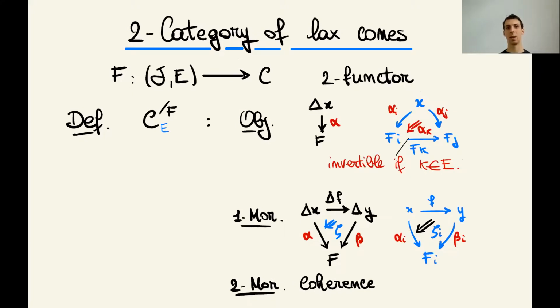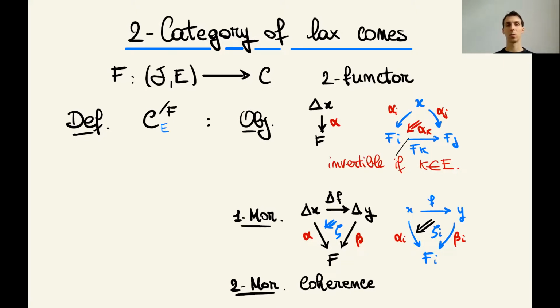So let me just define two categories of lax cones. We have a functor F from J to C. Here there is a marking E, but you can assume that it's either empty or all the one arrows of J. It just means pseudo or lax. This is a two-functor.